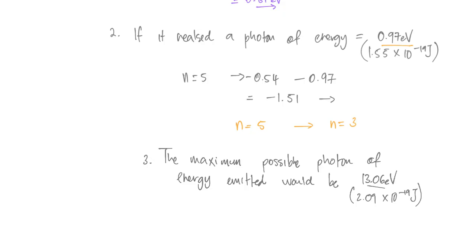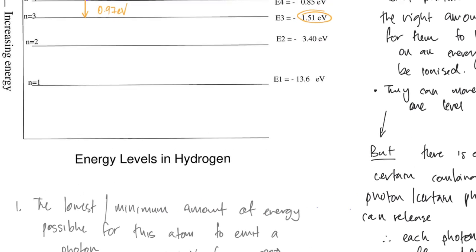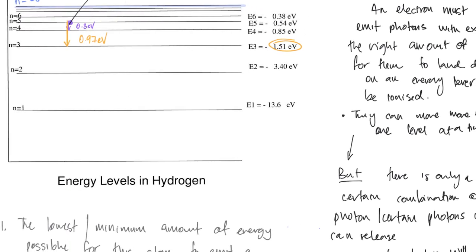And that would be a single jump from n is equal to 5 to n is equal to 1. So let's have a look at what that would look like. Let's go up here, from n is equal to 5 all the way down to here.